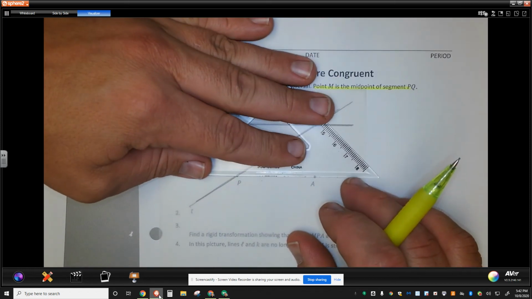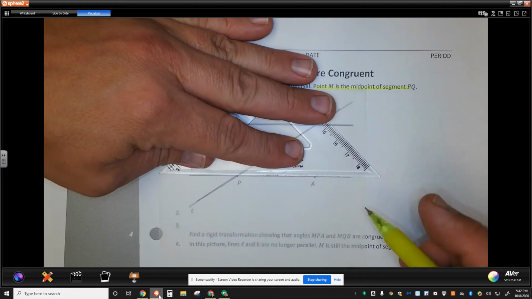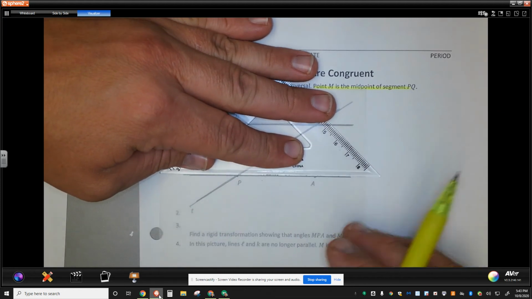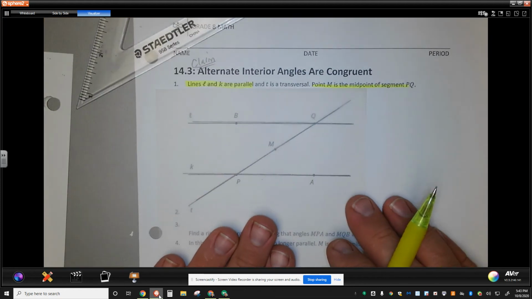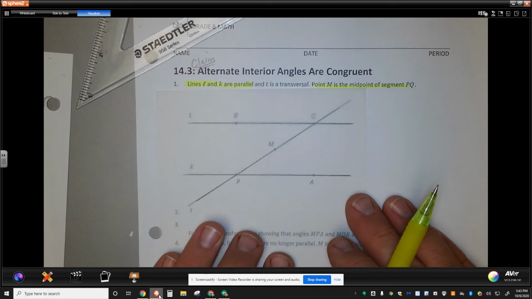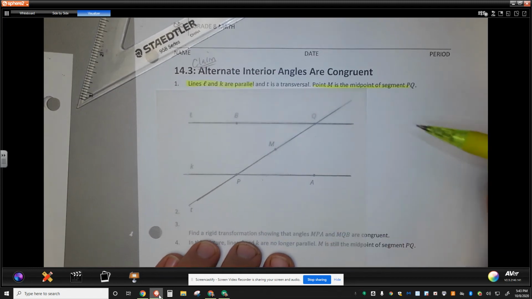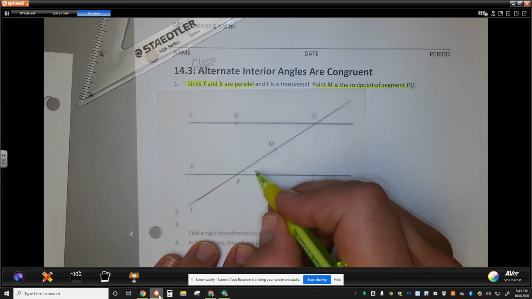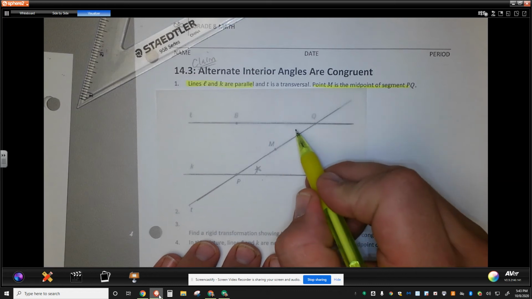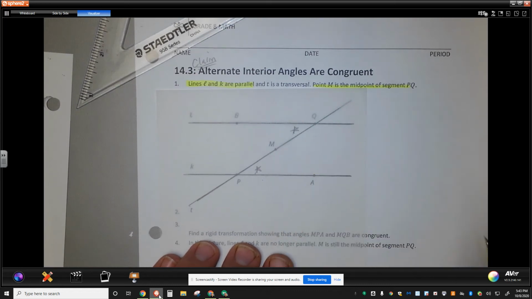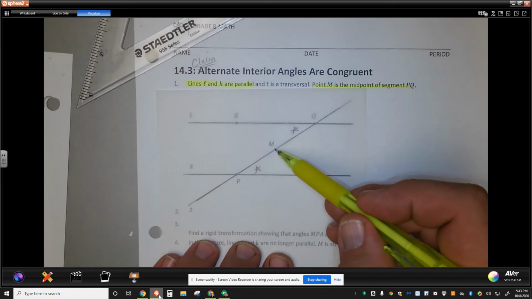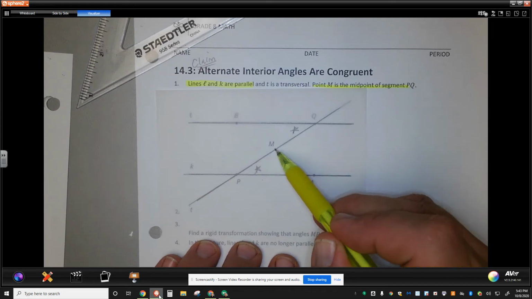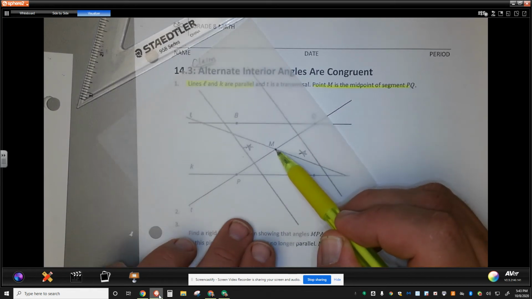We know that rigid transformations prove congruence, because under a rigid transformation, we know that angle measures are kept the same, or they must be equal, and we know that lengths of segments must be equal. So we're going to compare these angles. We're going to look at this interior angle right here and this interior angle right here. And under a rotation around midpoint M, 180 degrees, watch what happens.